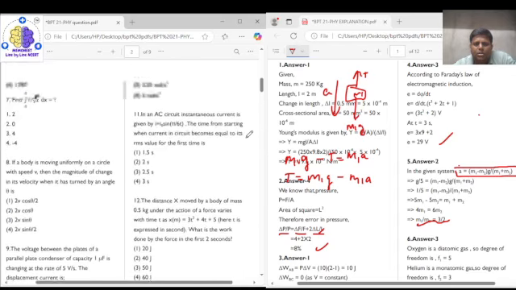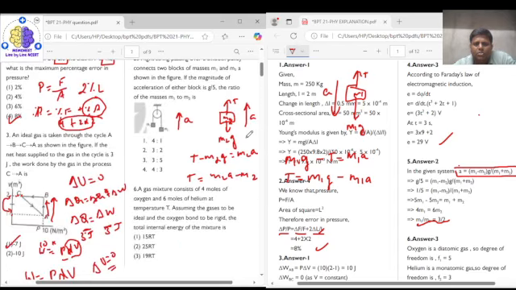Sorry, m2a minus m2g. Right. And because this T and this T are the same, we can equate them, and equating them we'll get m1g minus m1a is equal to m2a minus m2g, right?